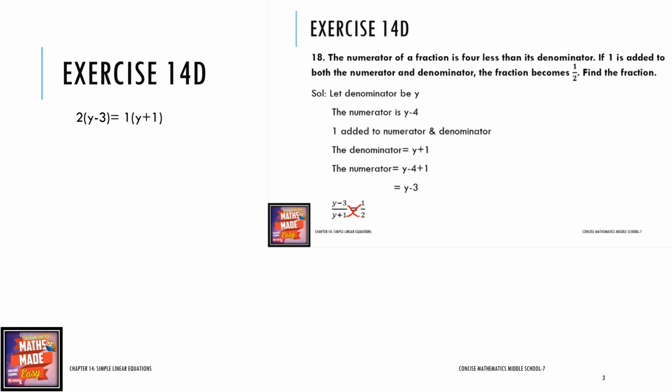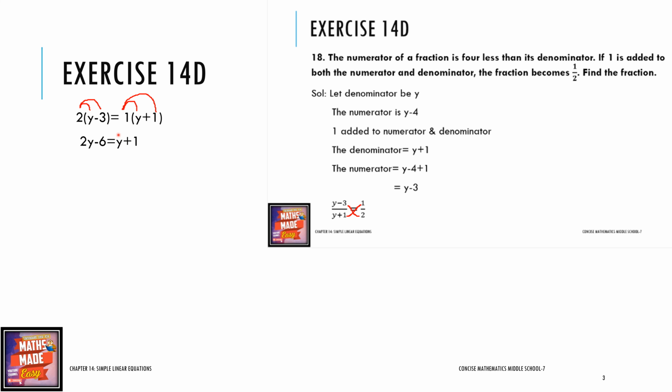Just multiply this 2 with the first term as well as the second term, and 1 is multiplied with the first term and second term. So y into 2, 2y, plus into minus is minus, 2 3s are 6, is equal to 1 into y, 1 into 1, 1. Now get all the y terms on one side and numbers on the other side.